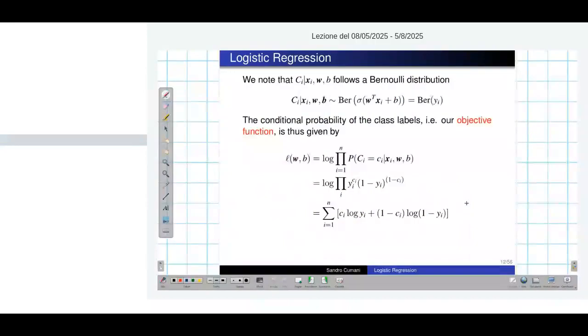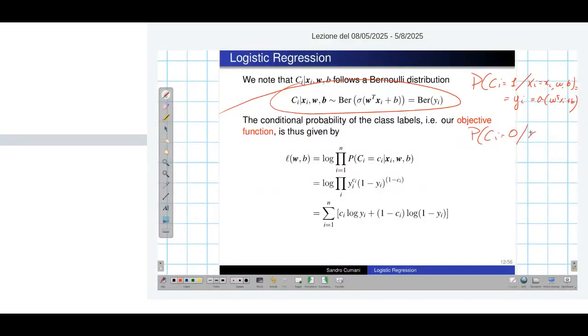What is the distribution of the class given Xi? Well, we have a model that says that the probability that class i is 1 given Xi, W, and B is Yi, which is sigmoid of, but this time we write it explicitly like this, and it tells us that the probability of the class being 0 is 1 minus Yi. Which kind of distribution is this? It's a Bernoulli distribution with parameter Yi.